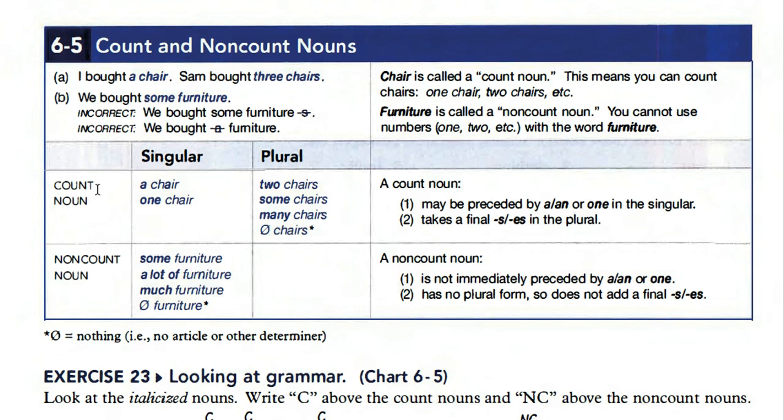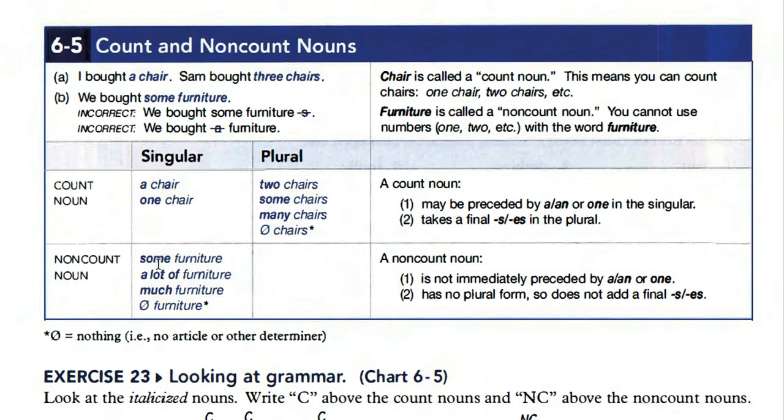Again, we have another table down here, with countable and non-countable nouns. We say a chair, 1 chair, 2 chairs, some chairs. All of these examples we discussed in the previous lessons, but today we focus on non-countable nouns, and how we deal with them: what the non-countable word can be preceded by.